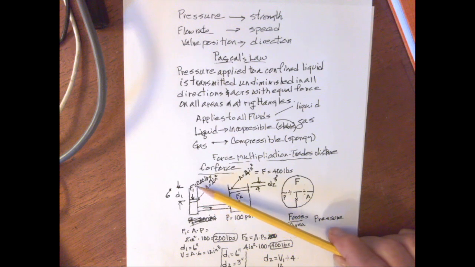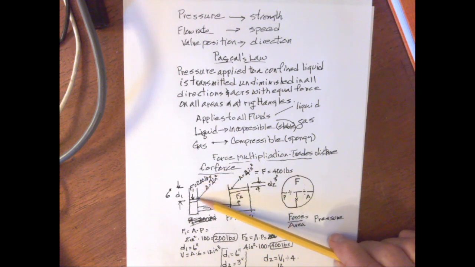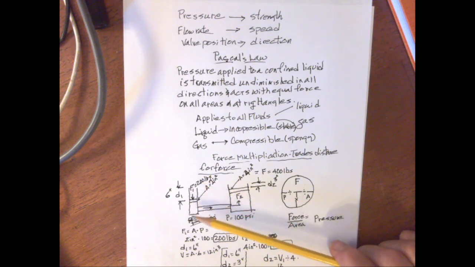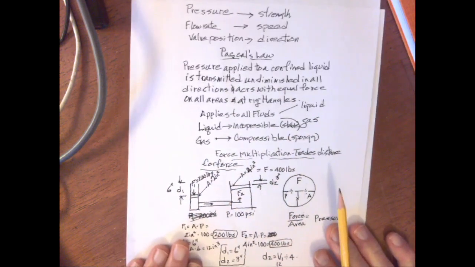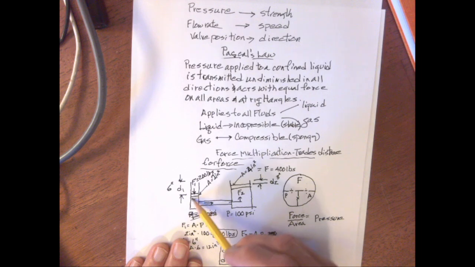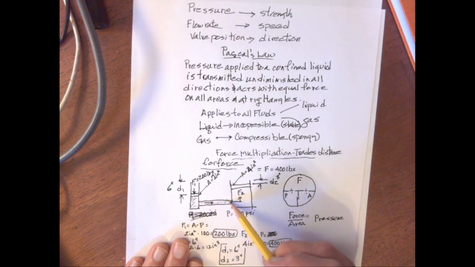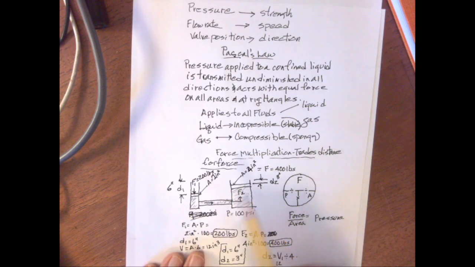So I'm applying 200 pounds of force to a piston down in here. All down in here is fluid, and it goes all the way over. And when I apply that force, that 200 pounds, the pressure I'm applying is 100 pounds per square inch.